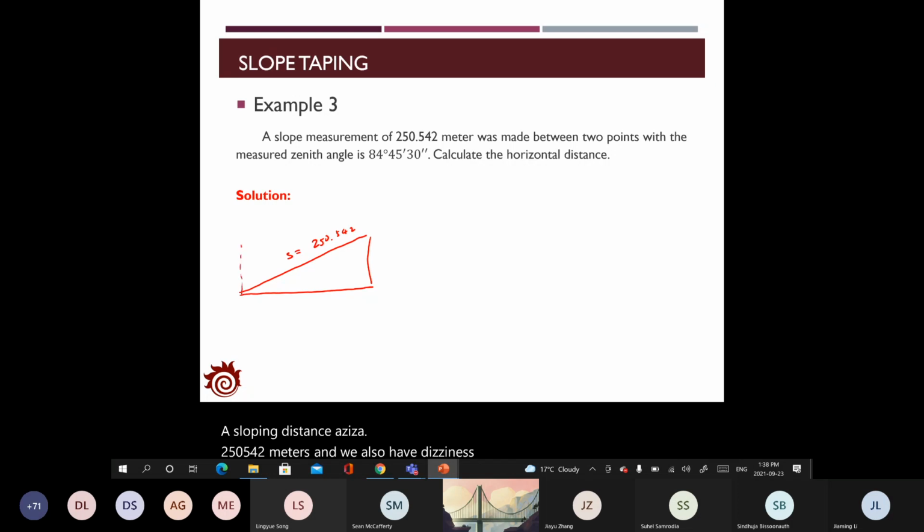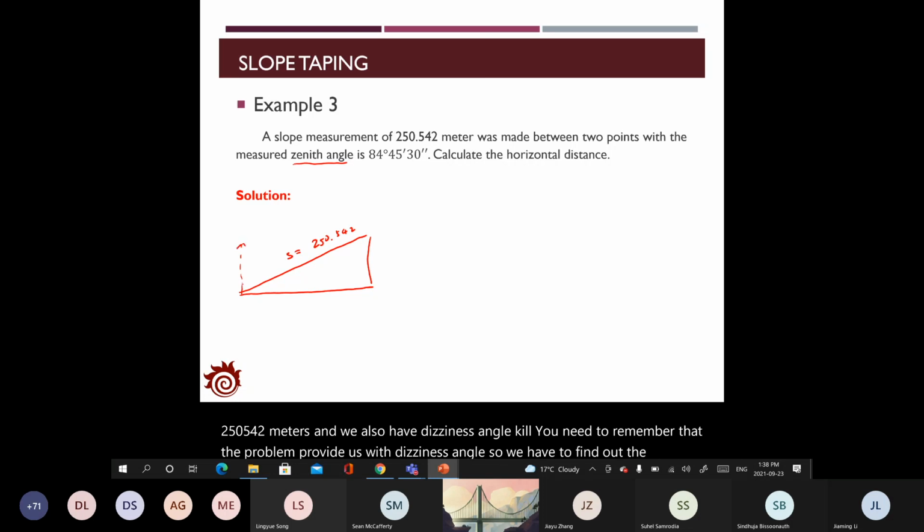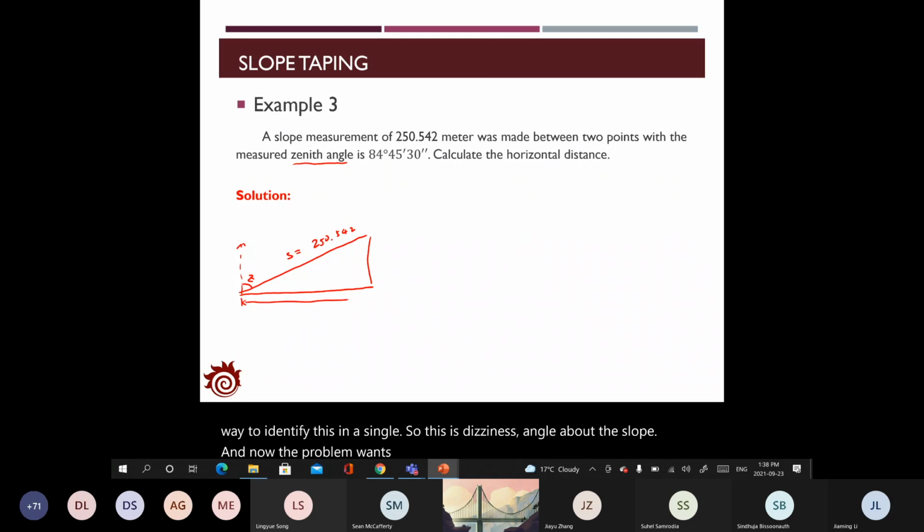Here you need to remember that the problem provides us with the zenith angle, so we have to find out the way to identify the zenith angle. So this is the zenith angle about the slope. And now the problem wants us to find out the value of the horizontal distance.